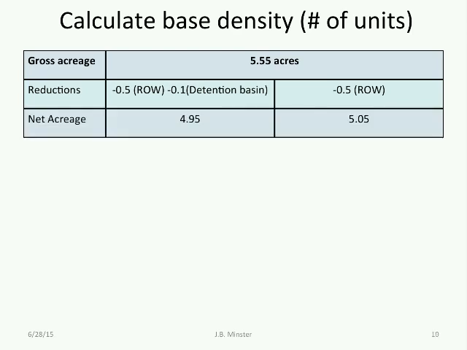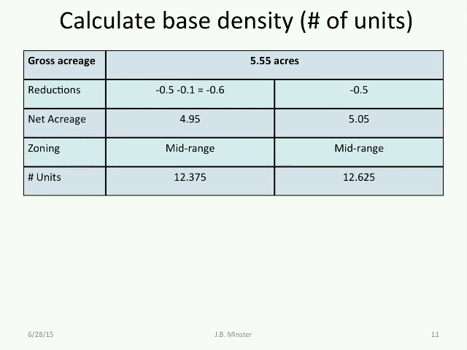This results in a net acreage, which in the first case is 4.95 acres, and in the second, 5.05 acres. The difference may look small, but remember that this is an early step in the process, and small differences early on may have large consequences.